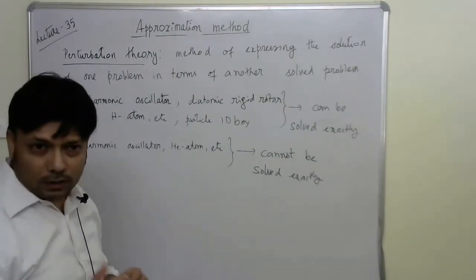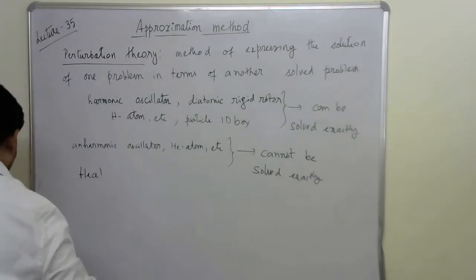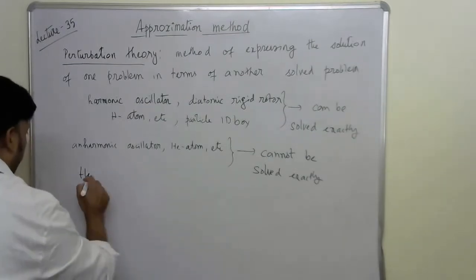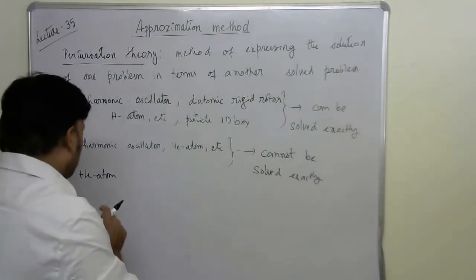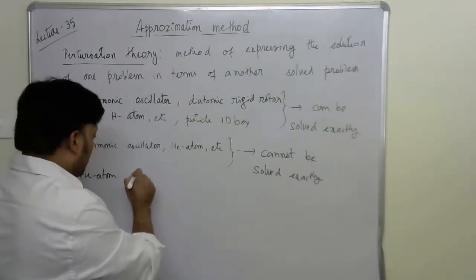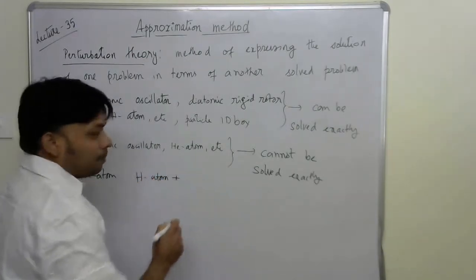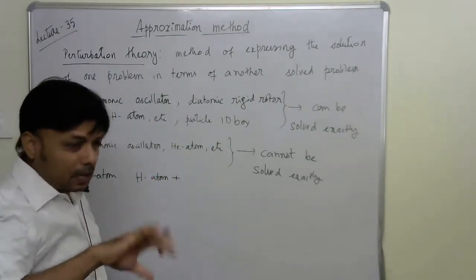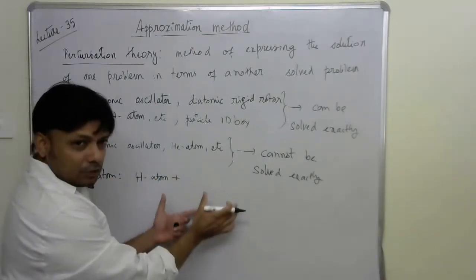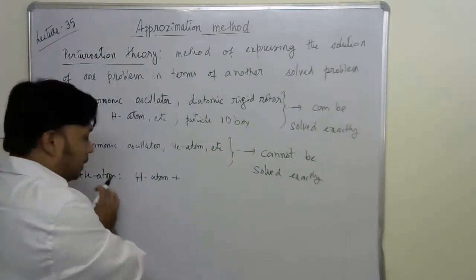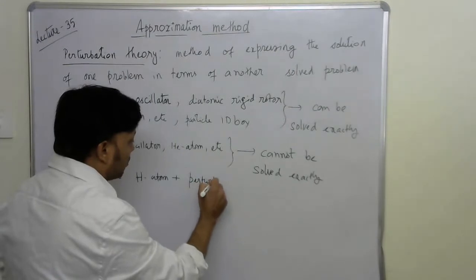That means the best way to represent the helium atom is as the hydrogen atom plus some change, so that the hydrogen atom plus some change would resemble the helium atom, and that change is called perturbation.